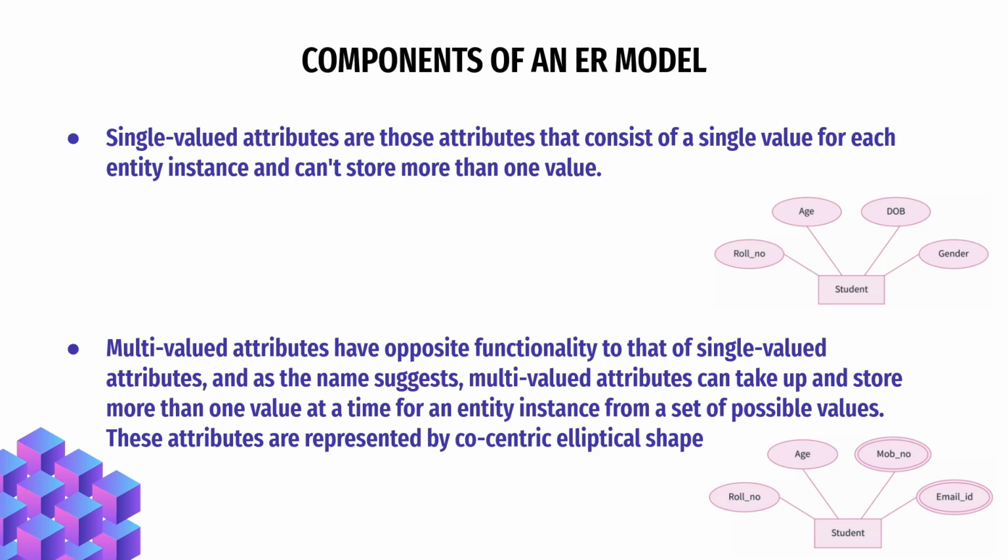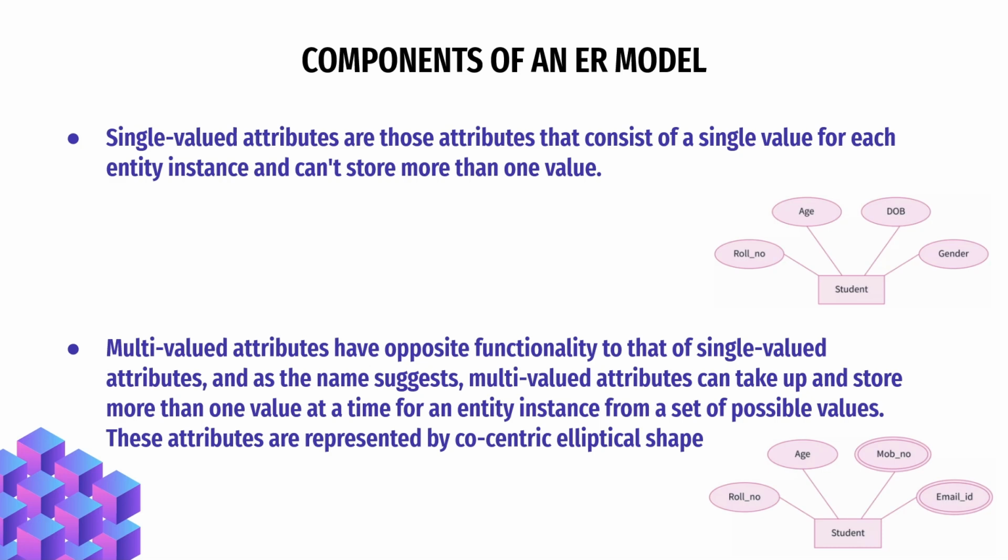Single valued attributes are those attributes that consist of a single value for each entity instance and can't store more than one value. For example, if we consider the student entity, each student can have only one roll number, one age, a single date of birth, and only one gender.